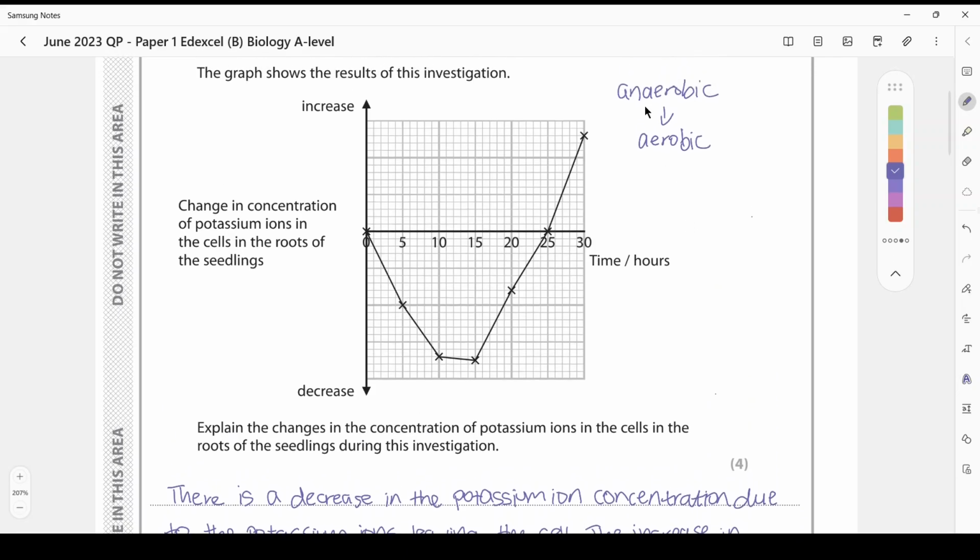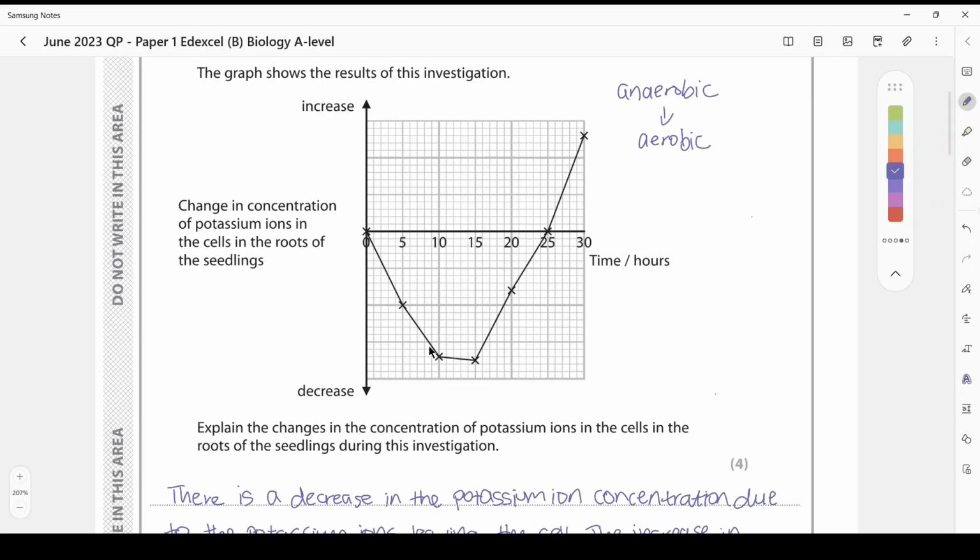So in the beginning, in the first 15 hours, it was anaerobic, and the concentration of the potassium ions decreased. So it must be some sort of mode of transport that is passive, that does not require energy. And that would be diffusion, but it's not just any kind of diffusion, it would be facilitated diffusion.